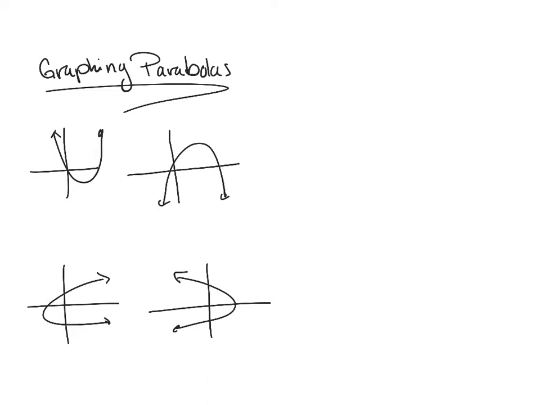Before I show you where parabolas come from, on the next slide, I want to give you a little bit of an overview of some of the important parts of a parabola we're going to be looking at. First really important part of any parabola is what we call the vertex. And the vertex is either the very, very top or the very, very bottom of the graph.